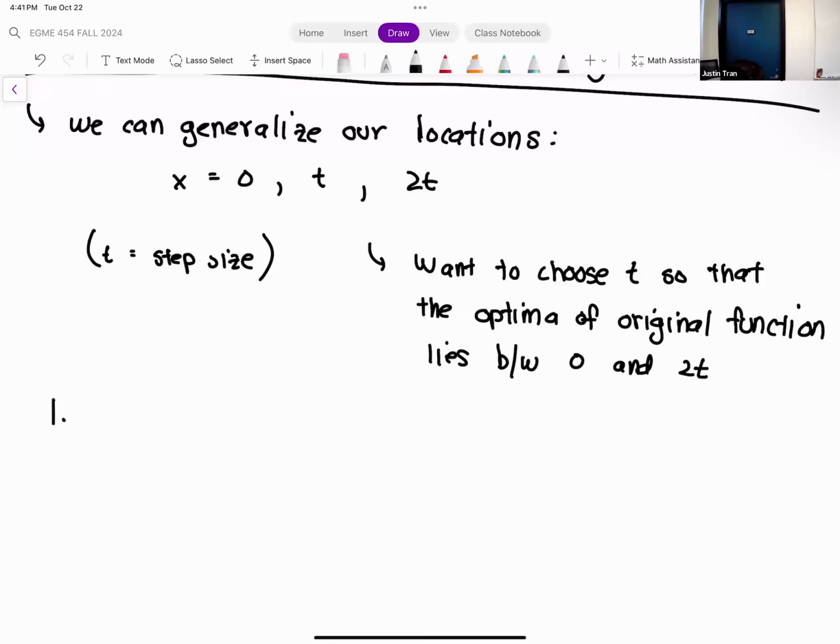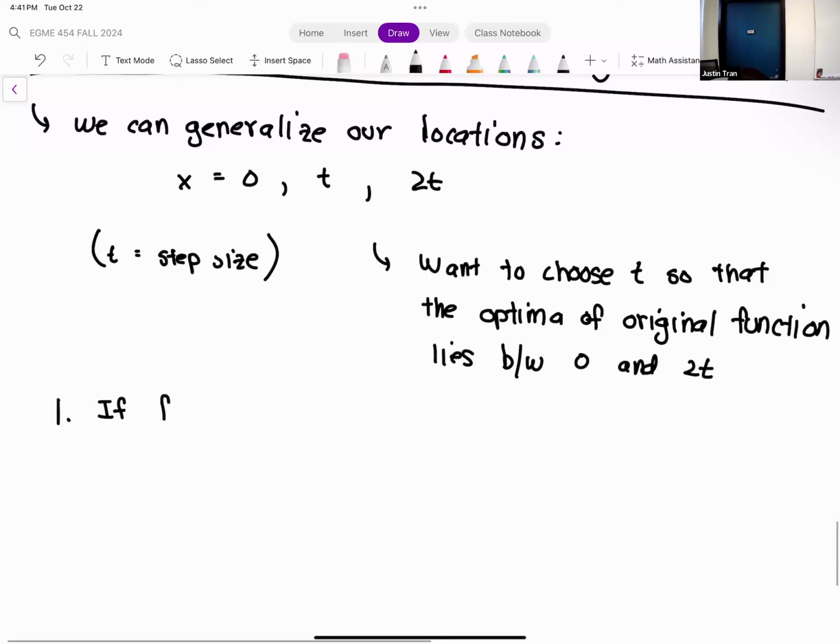So for case number one, if you evaluate your objective function at the midpoint, so if you take f of t, and that's greater than the function evaluation at the origin, right away, going from the origin to the halfway mark, you see an increase in the function value.